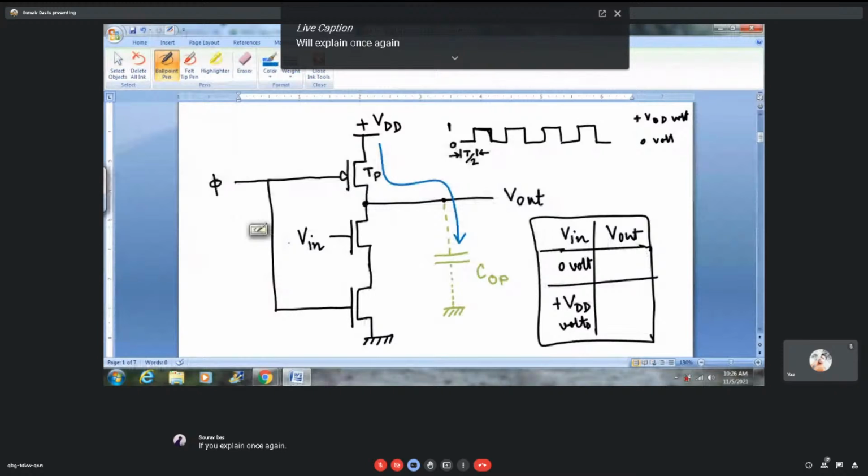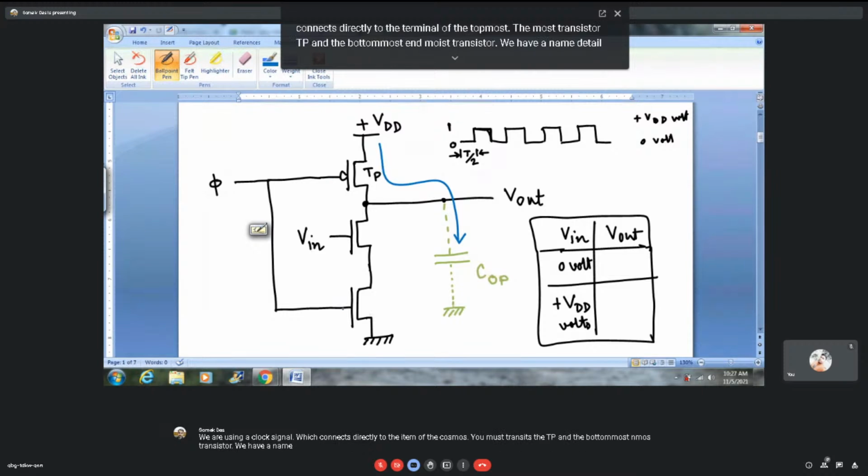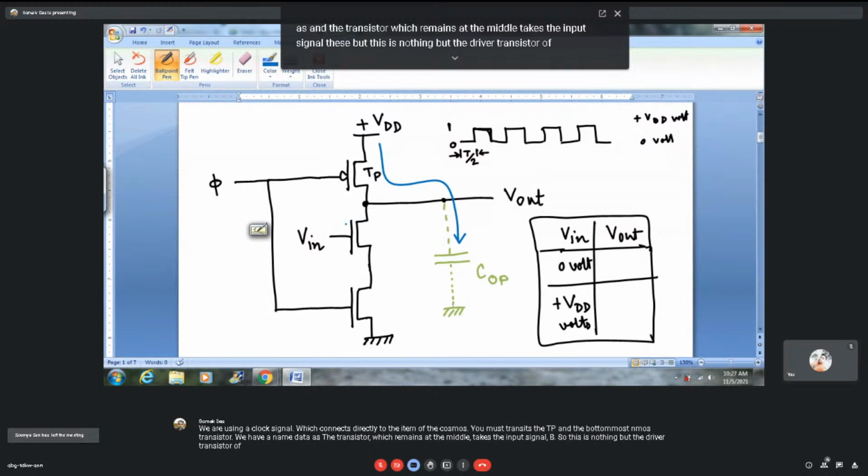We are using a clock signal which connects directly to the gate terminal of the topmost CMOS transistor TP and the bottommost NMOS transistor. We haven't named it as yet. And the transistor in the middle takes the input signal V. This is nothing but the driver transistor of the overall circuit. Now, the TP transistor can get switched on if you provide a low logic value at the clock signal.